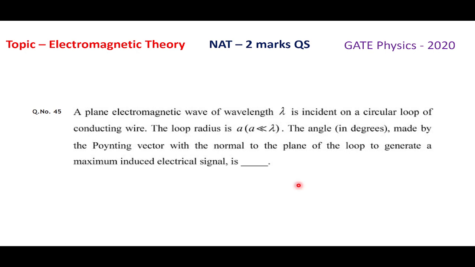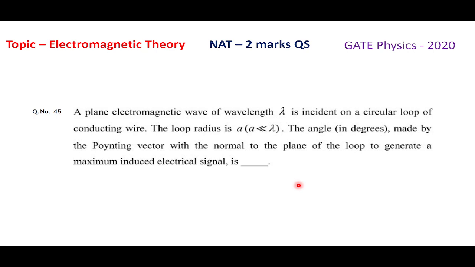Sir, intuitively, I'm just telling, can the answer be 90 degrees here? I need an explanation. Yeah, in a sense, normal to the plane of the loop, because that is how the flux through the loop would be maximum and that will induce the maximum current in the loop.